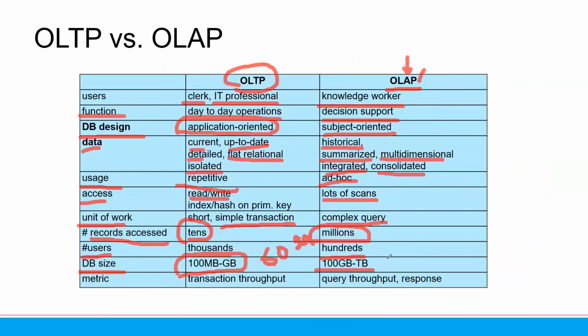But the OLAP is for 5 to 10 years. So it means it's very huge. And the metric, usually we use the transactional throughput. So how many transactions in a day? But the OLAP, we use the query throughput. So what is the result from the query?